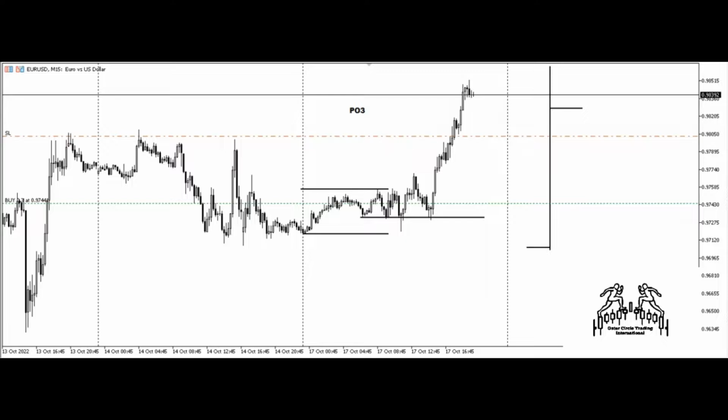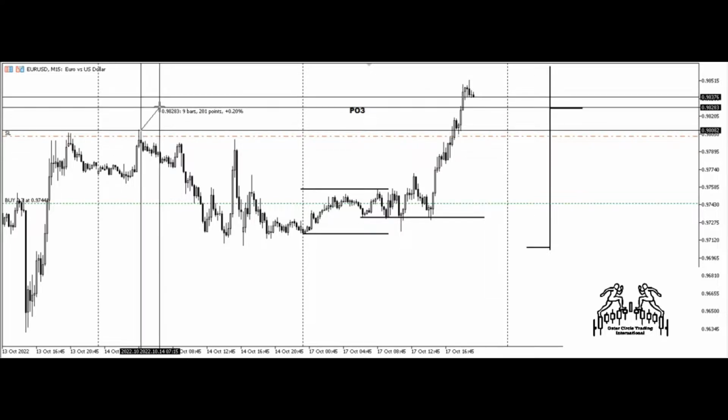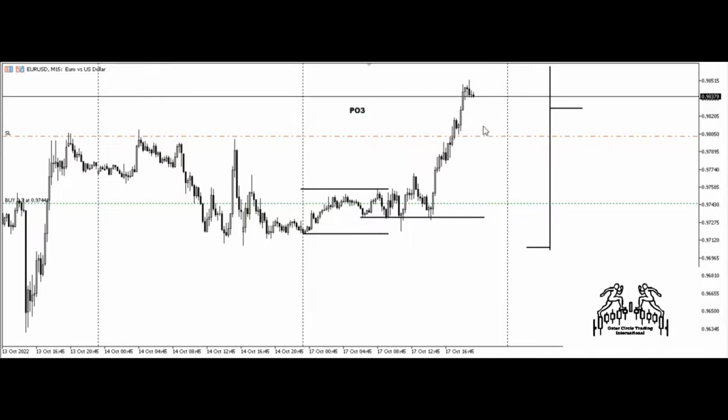I was expecting to take profit 20 pips above the previous daily high, and price is above it, so I just lock in the profit here.